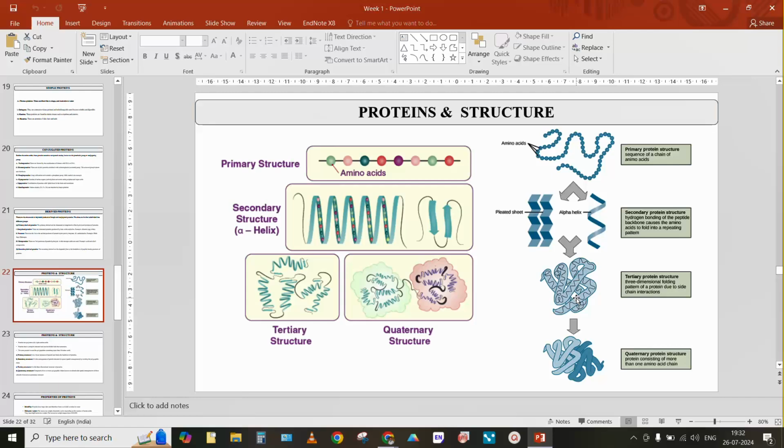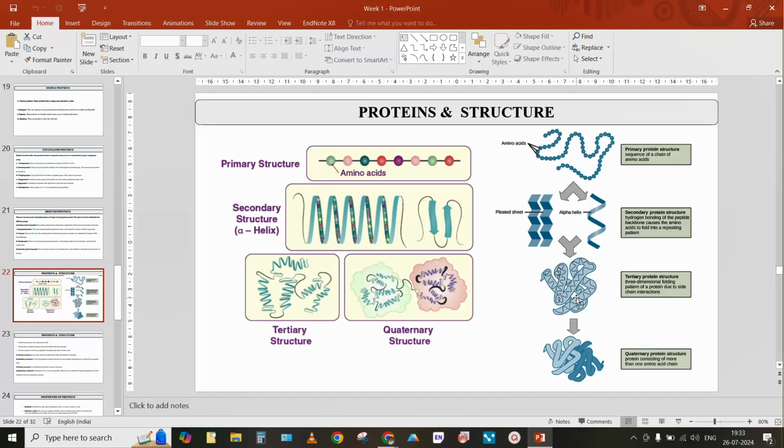And the last classification according to structure is the quaternary protein structure. In this, we call the protein consisting of more than one amino acid chain. In quaternary, the protein has more than one polypeptide subunit, which do not have a permanent covalent interaction between the subunits, like disulfide bonds.